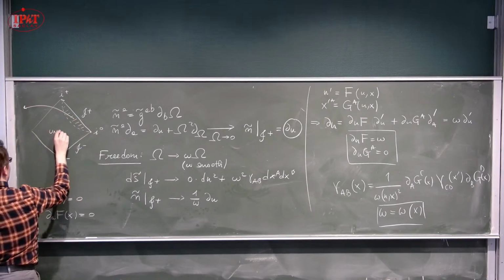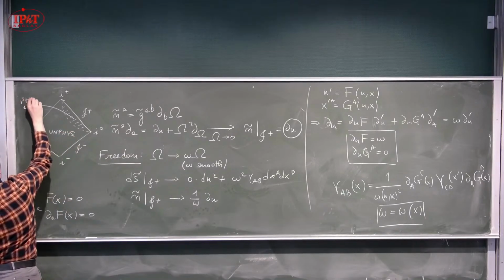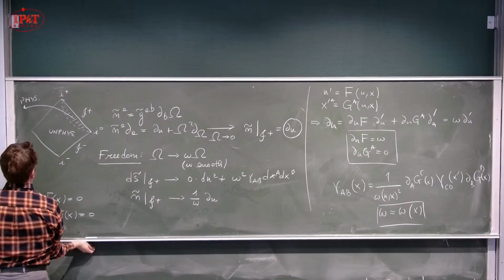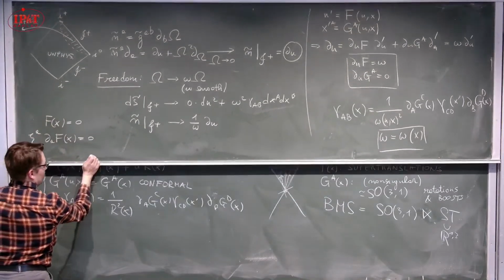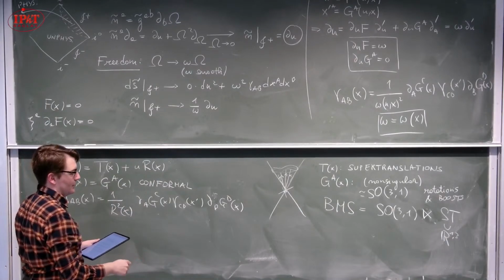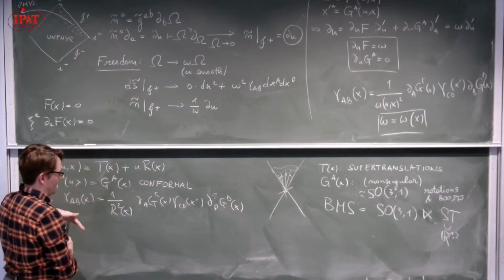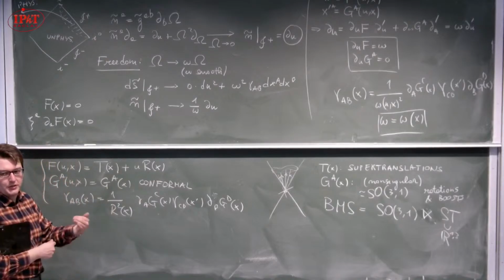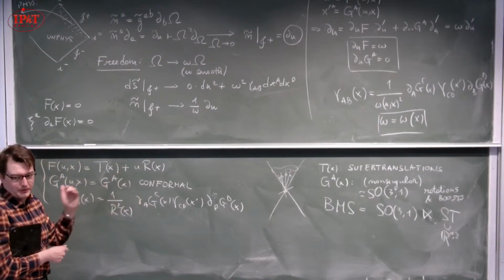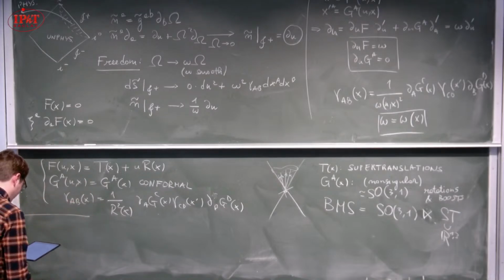Remember, this is unphysical. And then I want to go back to the physical spacetime. So basically what I'm trying to say is that, of course, these transformations will simply leave the flat metric invariant. Suppose we now have the flat metric plus a perturbation. What is the transformation induced on this perturbation, which is essentially how does the gravitational waveform transform?